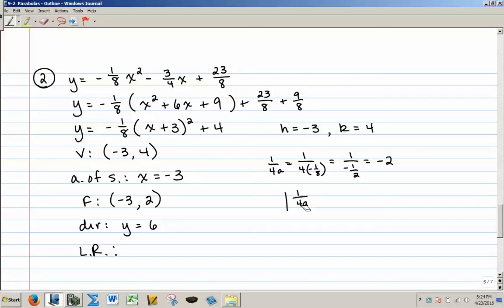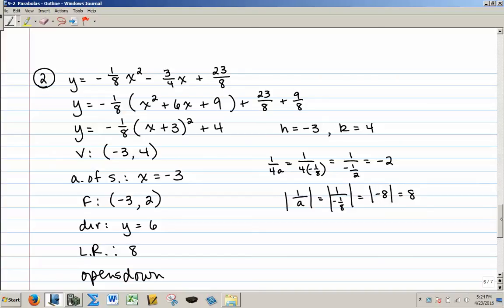I'm sorry, 1 over a, not 4a. Or the absolute value of 1 over -1/8, which is the absolute value of -8, which is 8. So the length of my latus rectum is 8. And this one is going to open downward because a is negative, a -1/8.